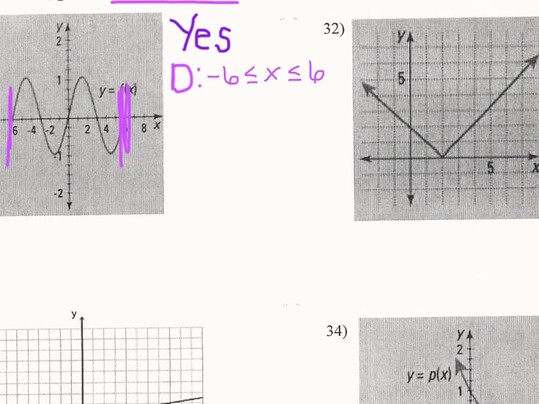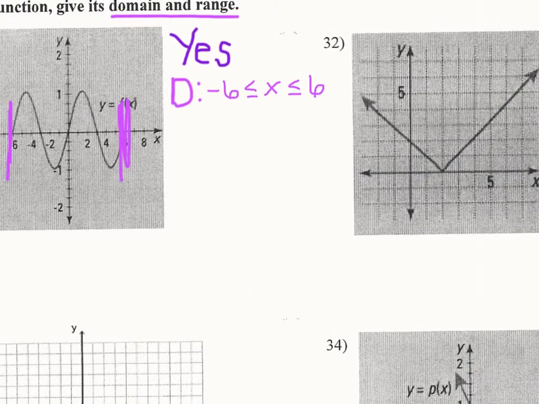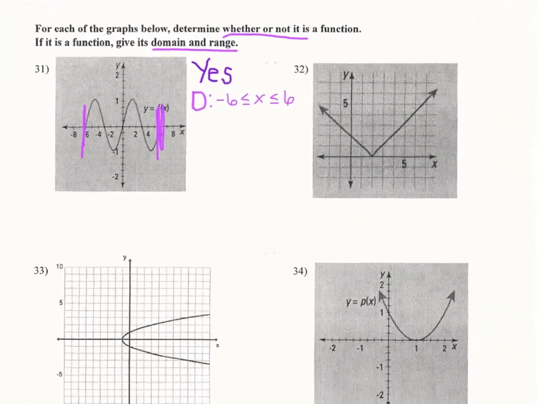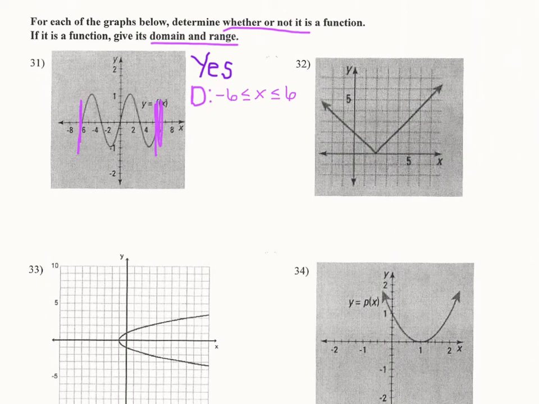All right, let me bring that graph back for a minute, because now we need to look at range. For range, I want to go to the highest point on my graph and the lowest point on my graph, which up here, this is 1, and then this is -1.